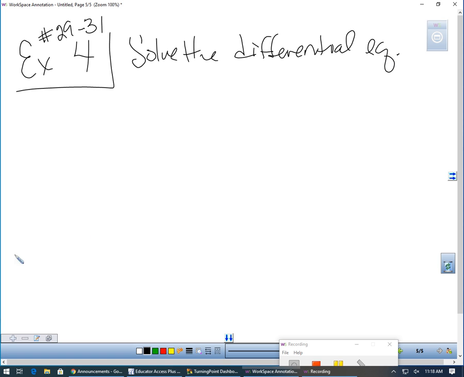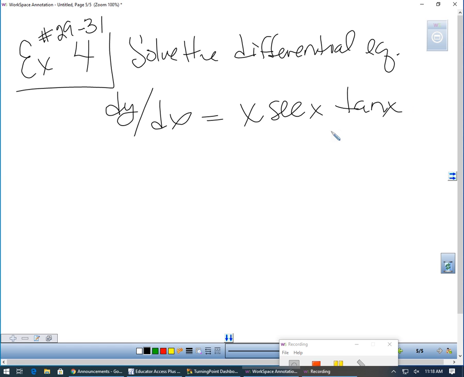equation. And this one is written as dy dx equals, I'm going to go with x secant x tangent x. Alright, so again, technically this dx multiplies to that side.